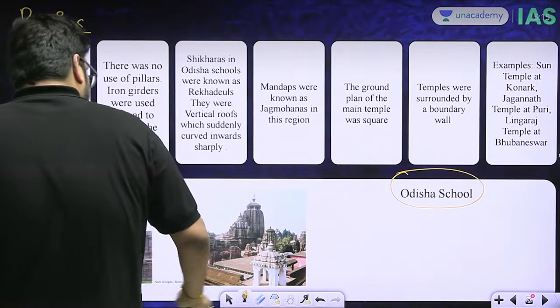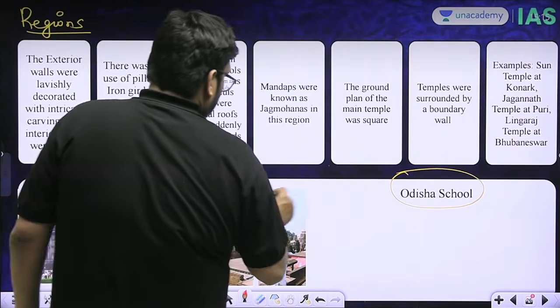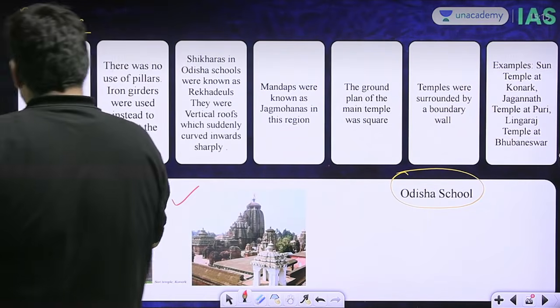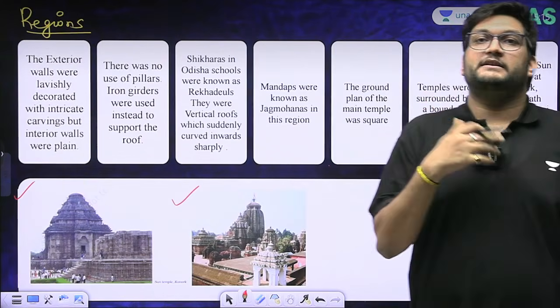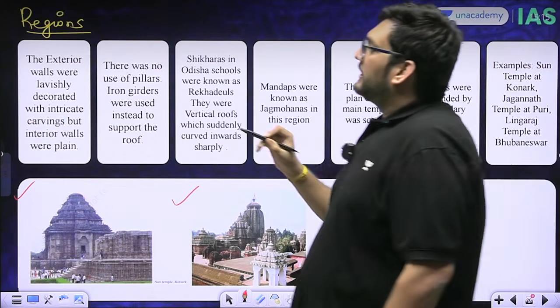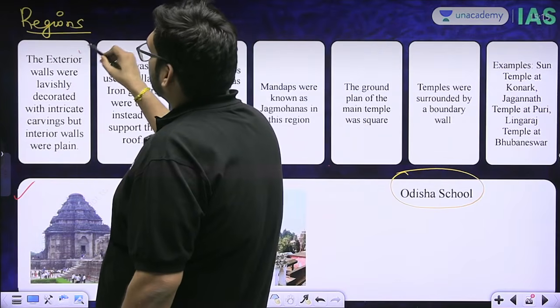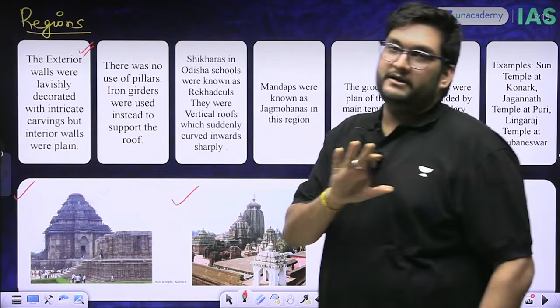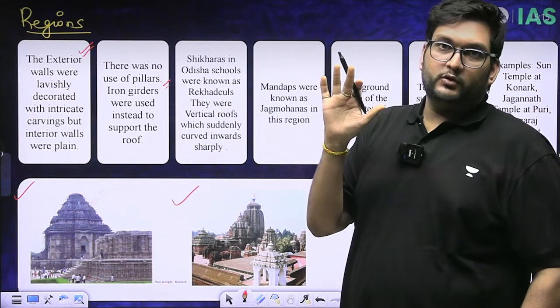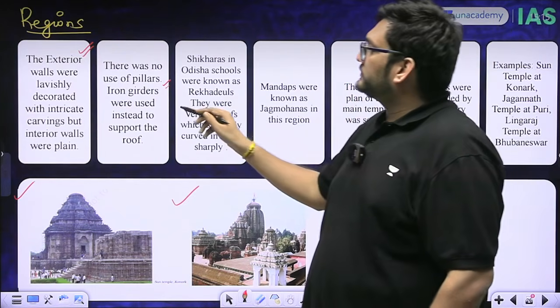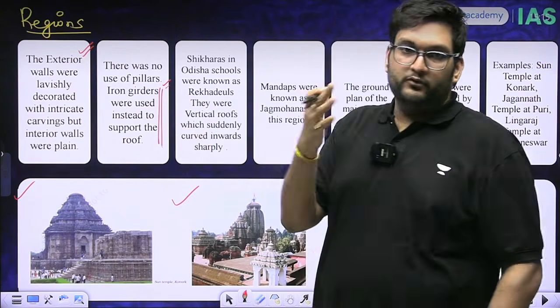You will see this design both in the Lingaraja temple and the Sun temple. And here 2 to 3 changes makes it an exception or a regional style. Firstly, the exterior walls are lavishly decorated, but interior walls aren't. There is a pillarless, you can say, Garbhagriha because of using of iron girders. They have very good load bearing.